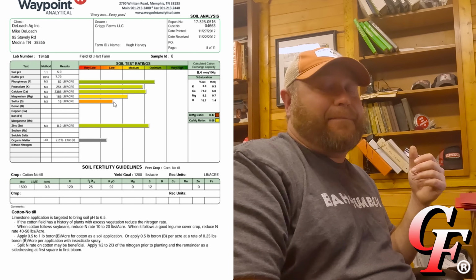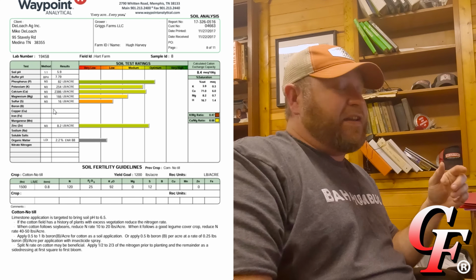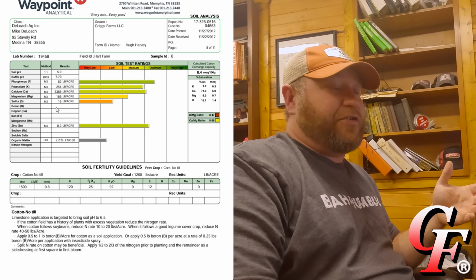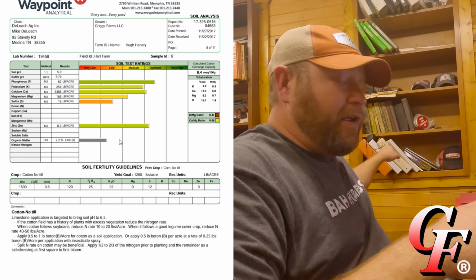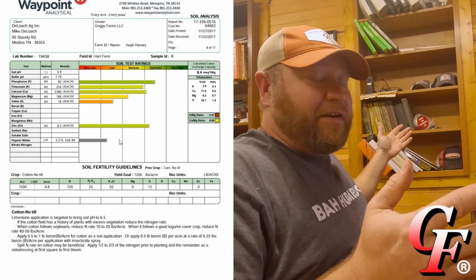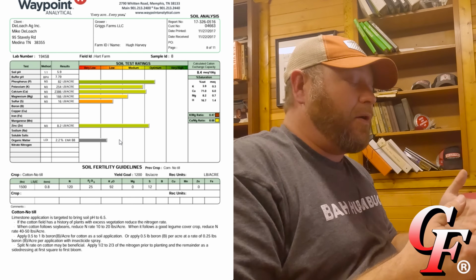Now, boron is a micronutrient and is needed in tiny quantities. You typically don't want to apply boron in a dry blend because you'll have one pellet of boron here, one over here, and one over here to apply the right amount to the soil, but it's not uniform in the soil, and plants are going to have a hard time reaching it.